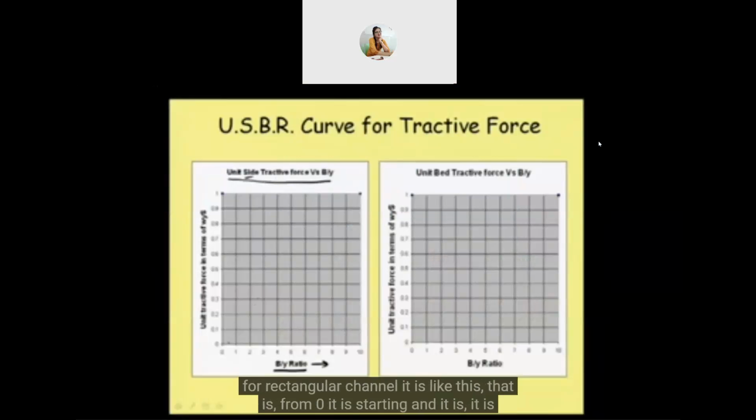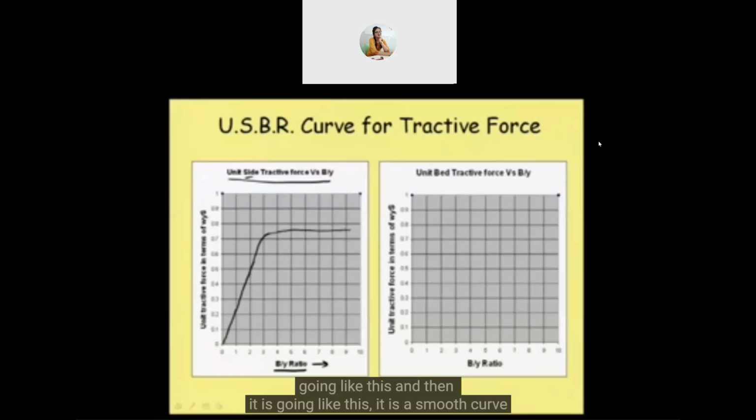So for a rectangular channel it is like this, that is from 0 it is starting, and it is going like this, and then it is going like this. It is a smooth curve, of course.